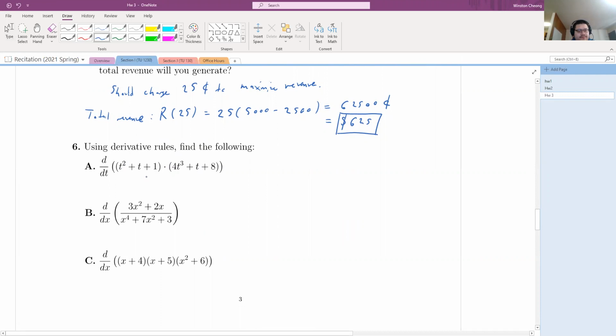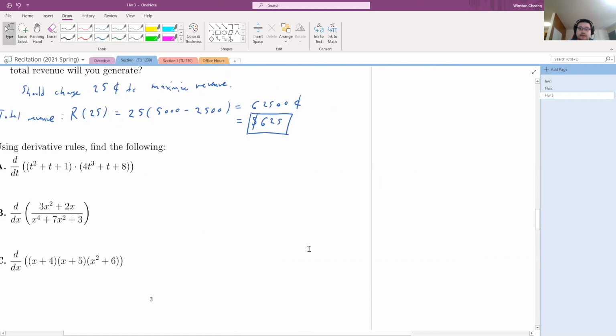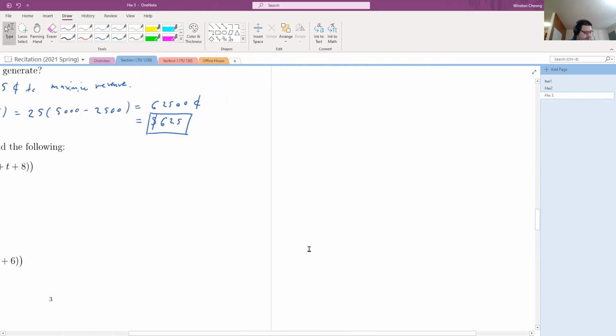Okay, so at the very least, I'm going to introduce to you product rule and quotient rule. These are 2 rules that we need in order to tackle this set of problems, and actually, I think all the problems afterwards. So here are some new derivative rules. Product rule: the idea is you have a product of 2 functions, and you want to take the derivative of this.